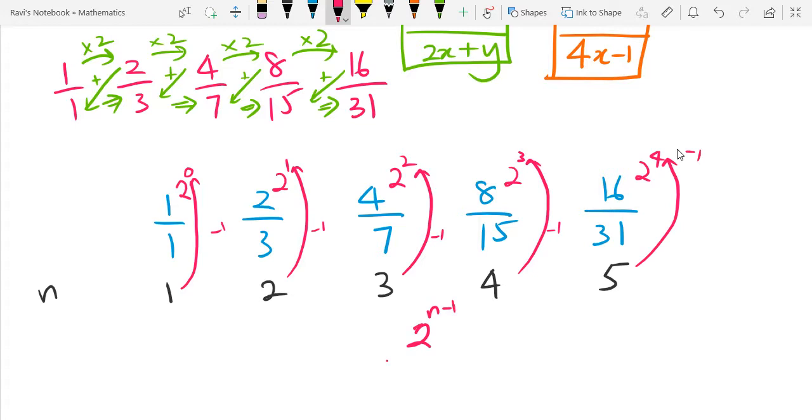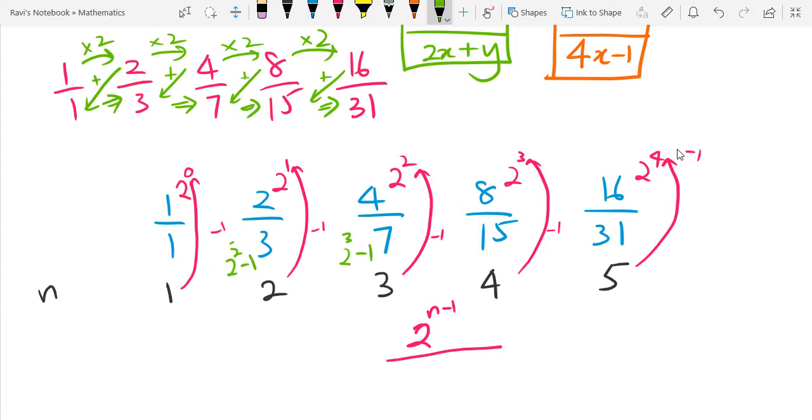How about the denominator? For the denominator, we can see that it is 2 to the power of n, minus 1. 2 squared is 4, 4 minus 1 is 3, 2 cubed minus 1 is 7.